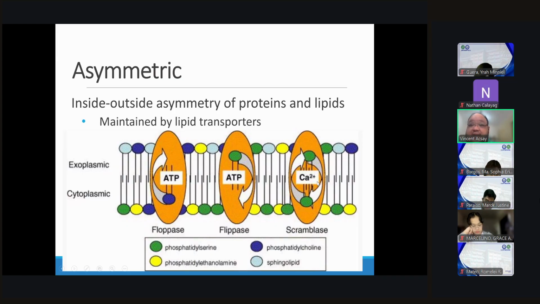Conversely, you have scramblases that shift two molecules around. This one does not use ATP, but it has to be active in the presence of calcium ions.